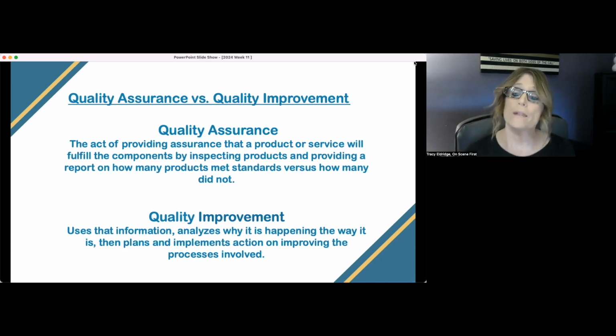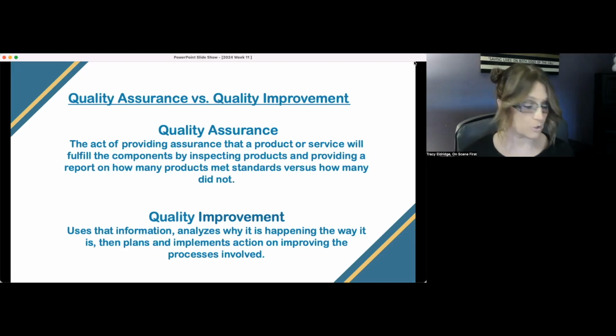The quality improvement piece uses the information that we got through that analyzing and that process, and we determine why things are happening the way that they are. Are folks compliant? Are they not compliant?